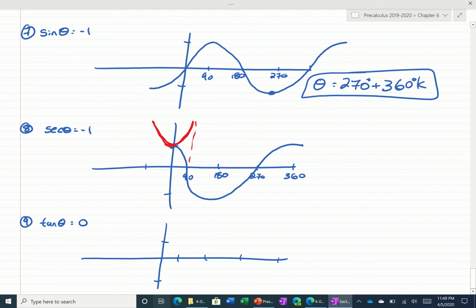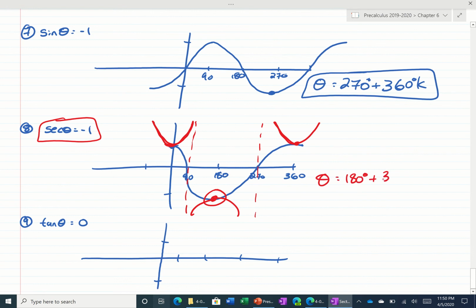Reciprocal of 0 at 90 is undefined. Negative 1. Reciprocal of 0 is undefined, and 1. So when is secant negative 1? Well, right here, at 180, plus the period of secant. That's what that answer would be.